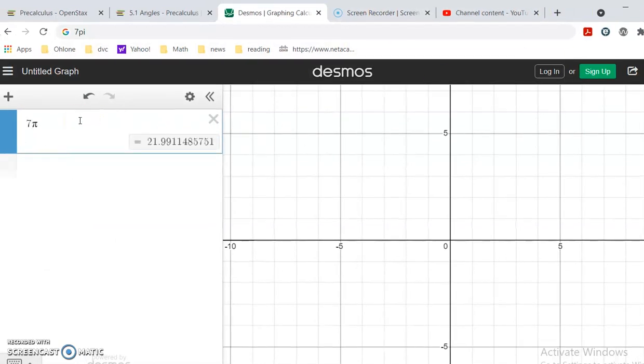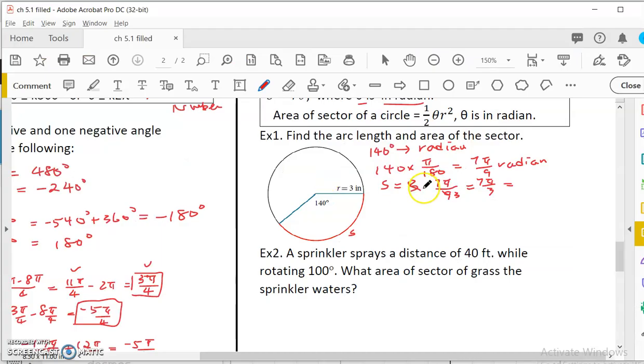You can just do pi over 3, so 7.33. And what unit do we have? It is an arc length, so it's measured in inches, 7.33 inches. Okay, so this is the exact length, but this is the approximate length.